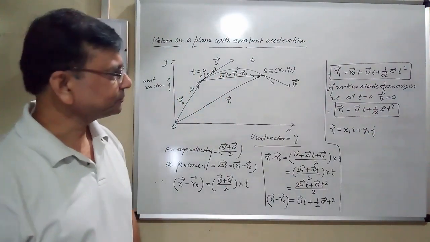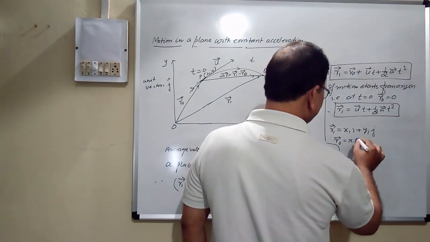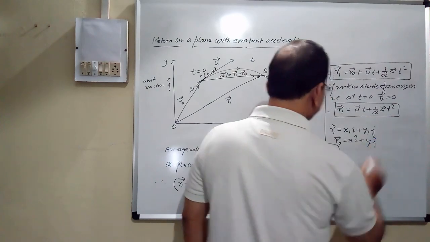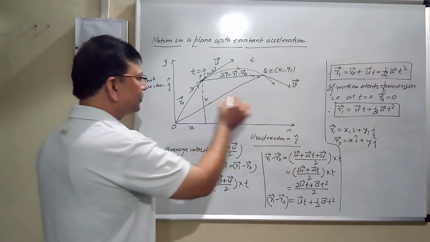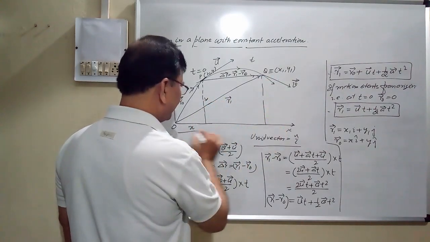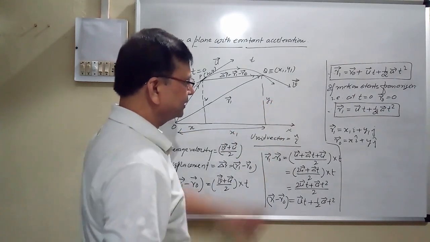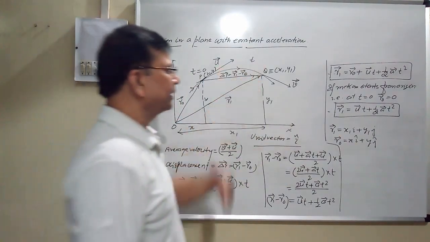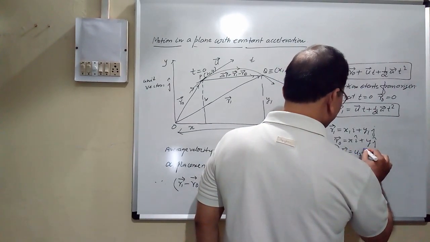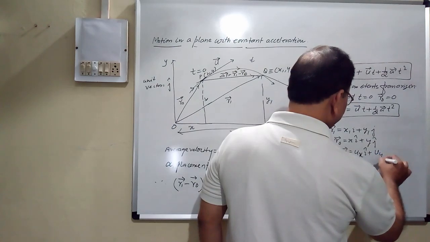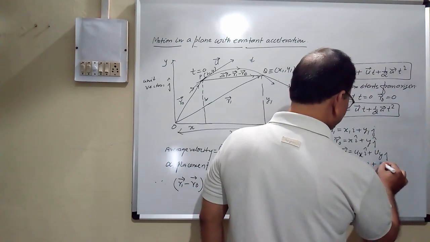This we can write. r0 can be written as xi plus yj, because coordinate is this. This is x, this is y. From here to here, it is x1, it is y1. So these two relations are there. And for u and a, we know. So u is equal to uxi plus uyj, a vector, that is axi plus ayj.